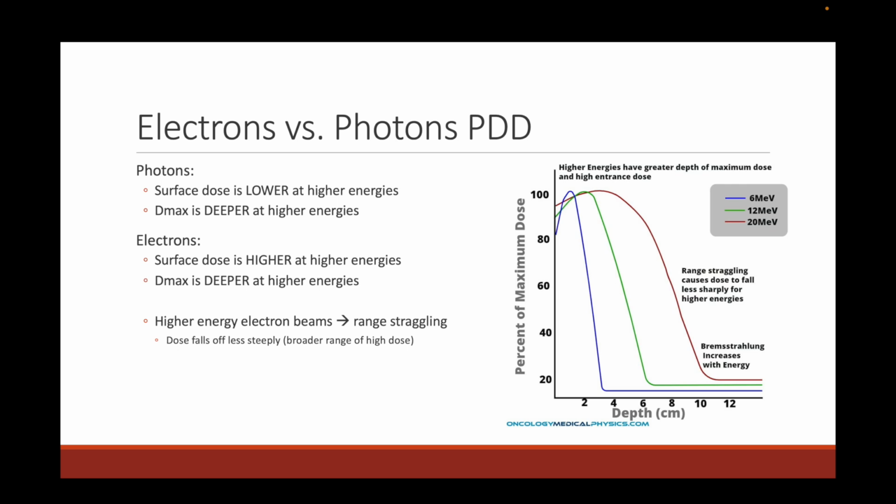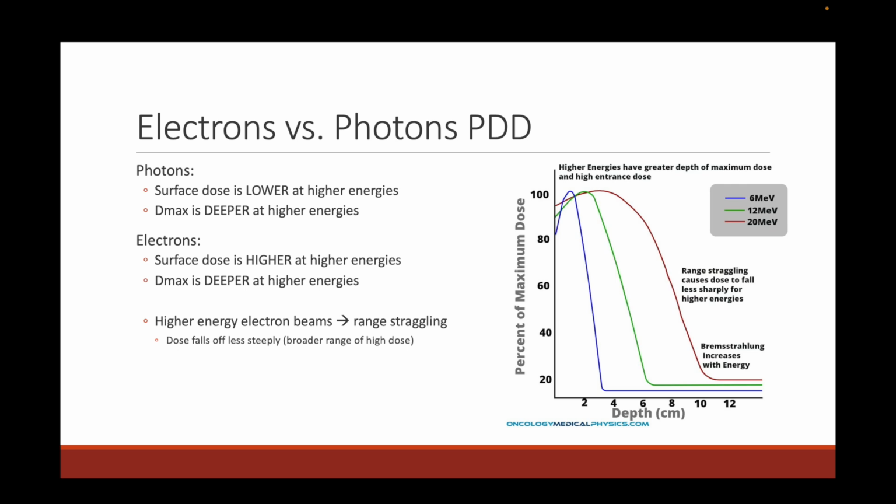For both electrons and photons, the depth of D max is deeper at higher energies. If you think about it a little bit, it does make some sense, because the higher the energy of the photon or the electron, whatever type of radiation we're using, the deeper it's going to travel.